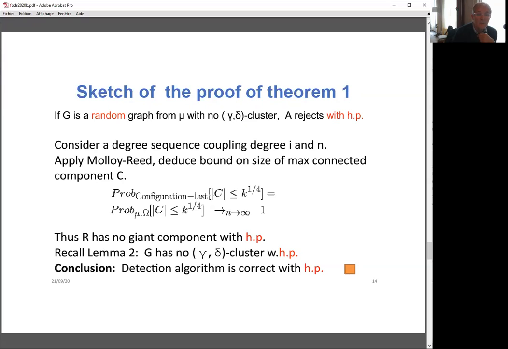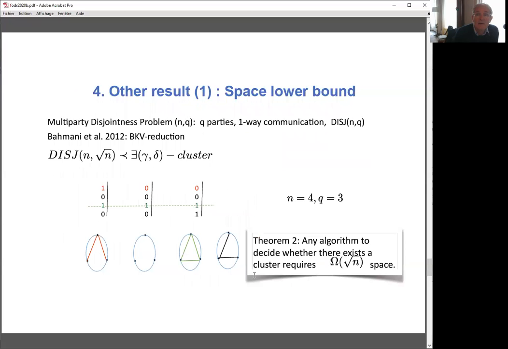Then the probability that the large connected component has a size greater than this parameter is going to be close to 1. So we will conclude that the reservoir has no giant component with high probability by Molloy-Reed, and then because the graph has no large gamma cluster, the detection algorithm is correct with high probability.